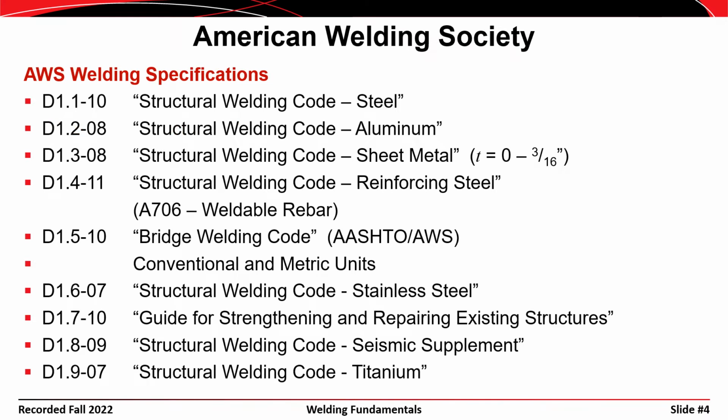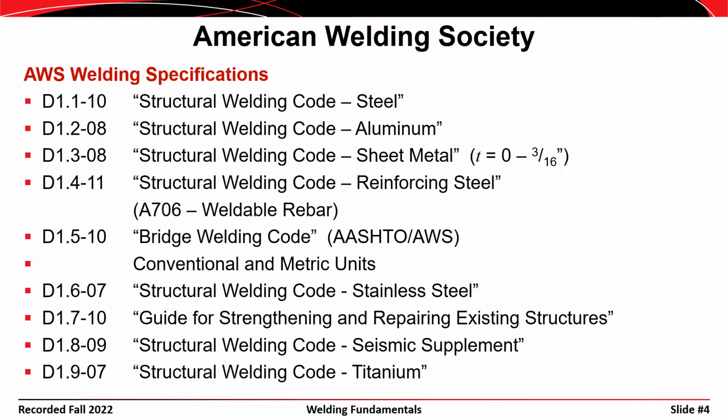However, if you're really going to become an expert in welding, or if you're really going to look up details associated with welding, you want to look at the American Welding Society specifications. And there are a number of them. This slide shows D1.1 through D1.9, and each one of those covers different aspects of welding.